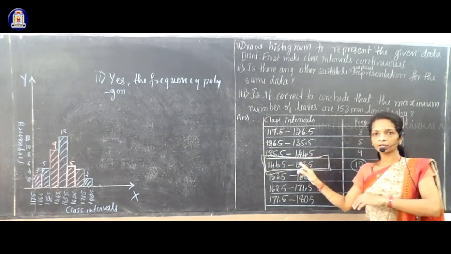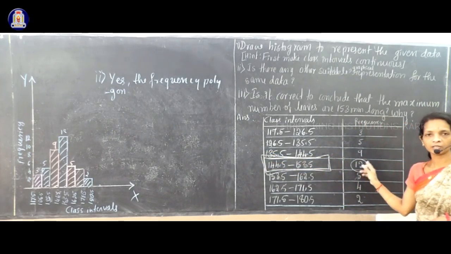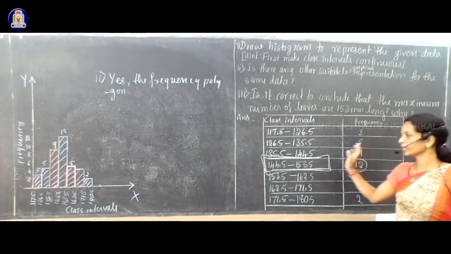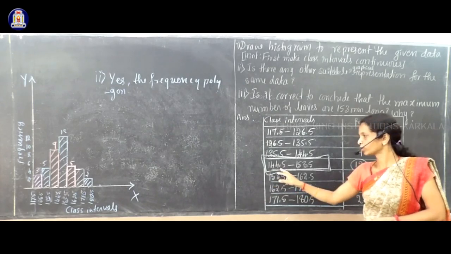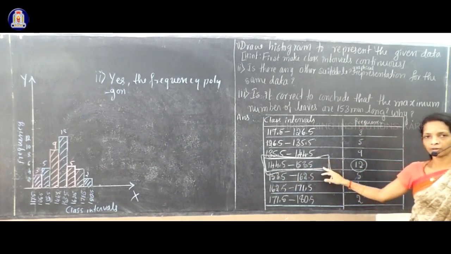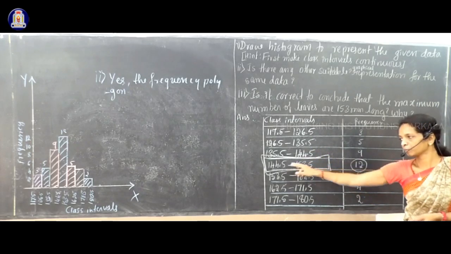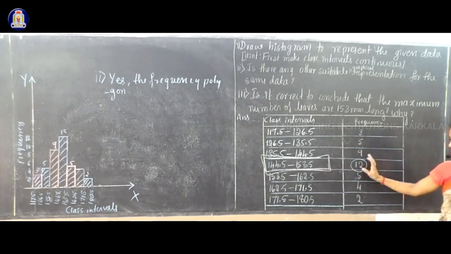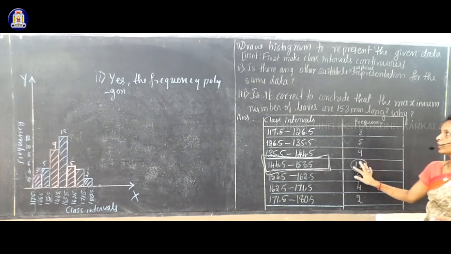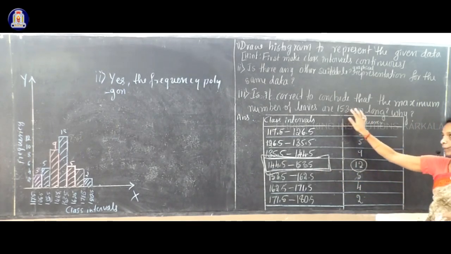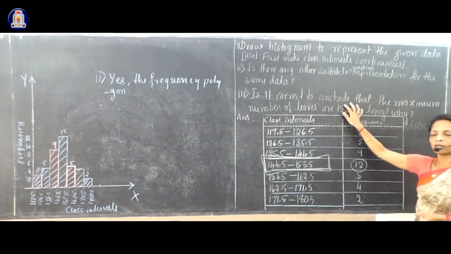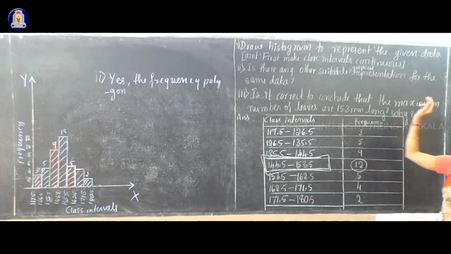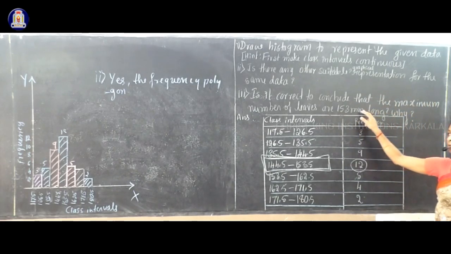So here the maximum number of leaves, 12, means that these 12 leaves may have any length in between 144.5 to 153.5. So this doesn't indicate that all 12 leaves are 153 millimeter long. So it is wrong to say that the maximum number of leaves are 153 millimeter long.